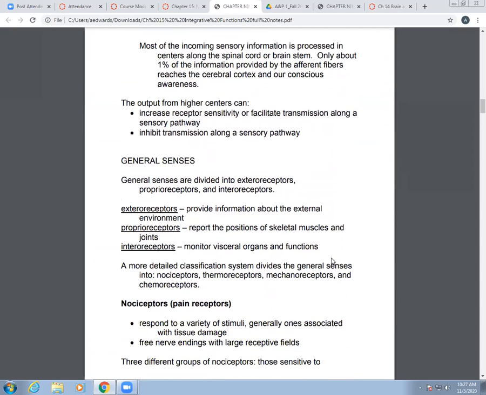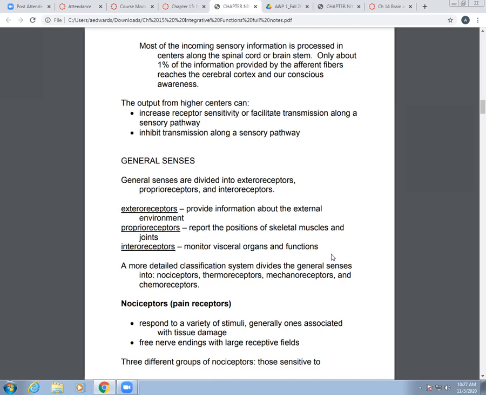All right, so most of your incoming information is processed in centers along your spinal cord or on the brainstem. Now, most of that information is essentially going to get filtered, where most of it doesn't continue to pass through. Only about 1% is going to reach your cerebral cortex, or conscious awareness, okay? So your spinal cord and your brainstem is basically a filter to decide, is this really important enough to get to the brain?